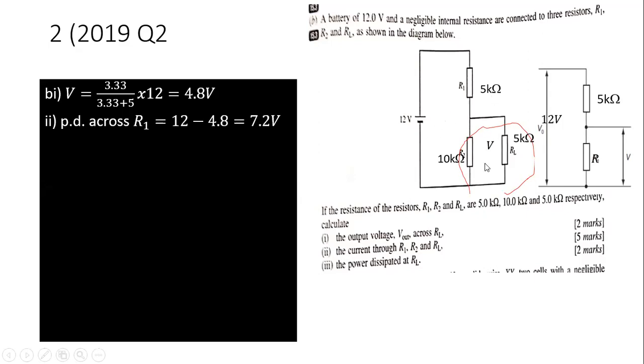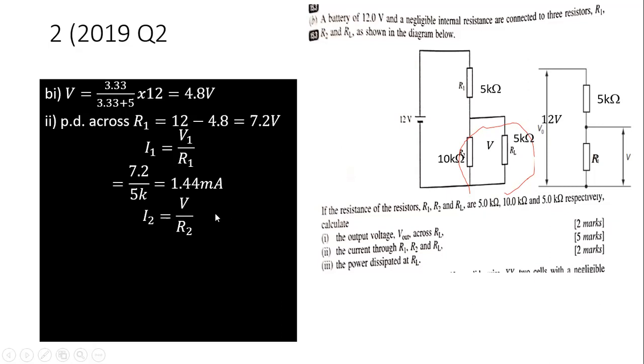Then you know the resistance, so you can calculate the current through each of them, or you can calculate the PD across here. It's just 12 minus that V there. That's why we get 7.2 across here. Then just use I equals V over R1. V we already know, R1 we already know. Put in your value and calculate.